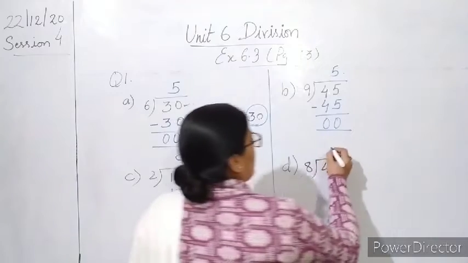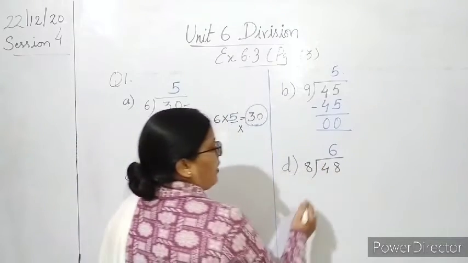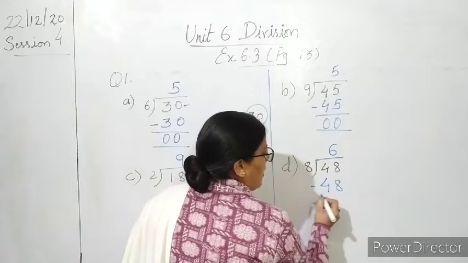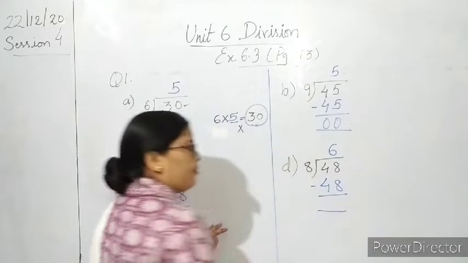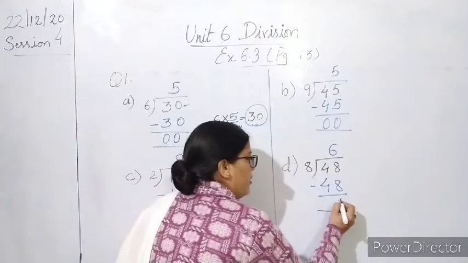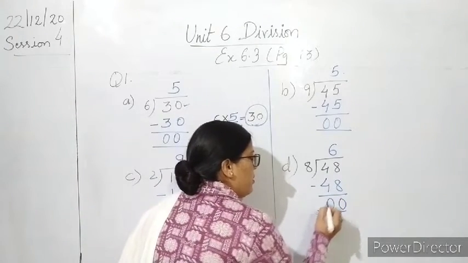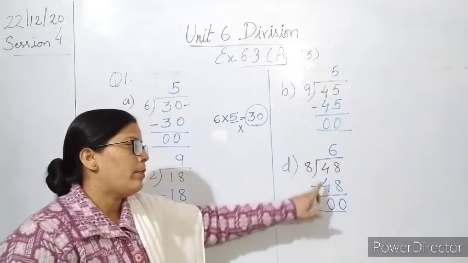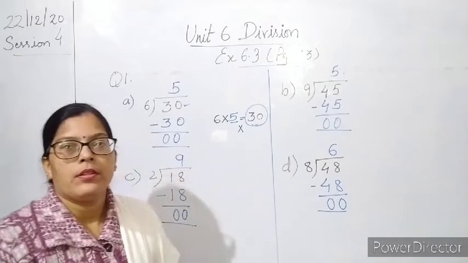So write 6 at the top here and 48 again below this dividend. Put the sign of minus in this way and then subtract the numbers. You will get 0. 8 minus 8 is 0 and 4 minus 4 is 0.